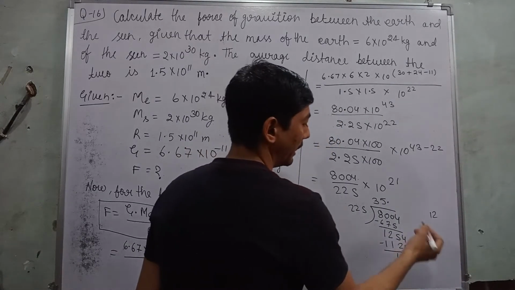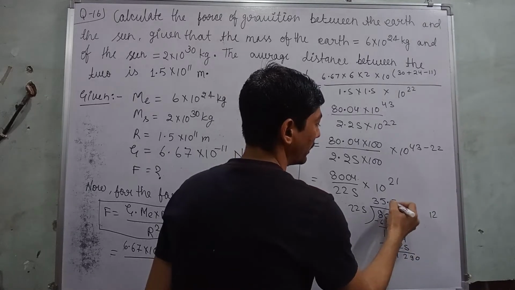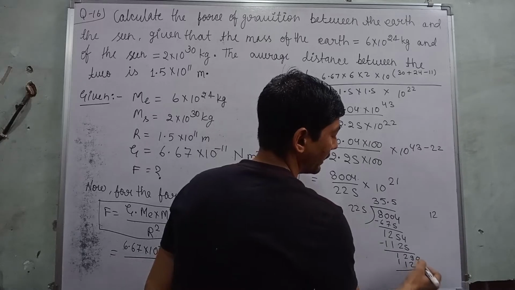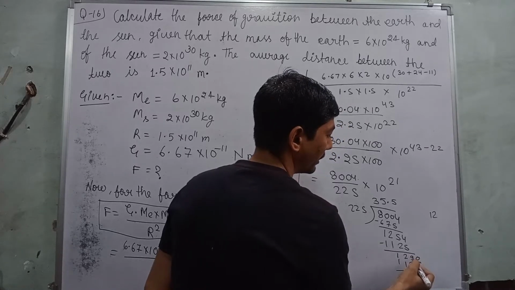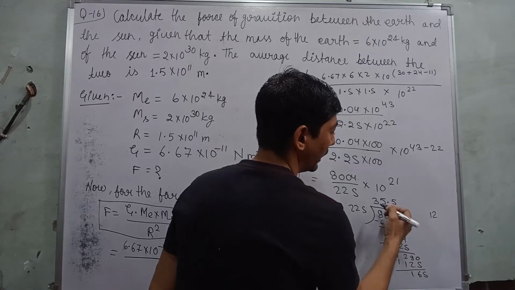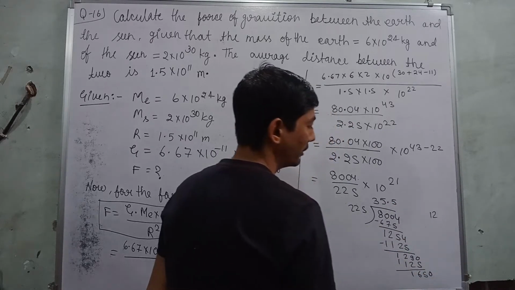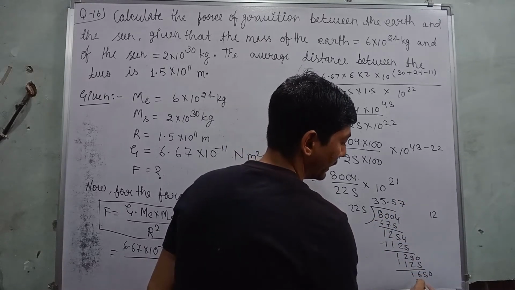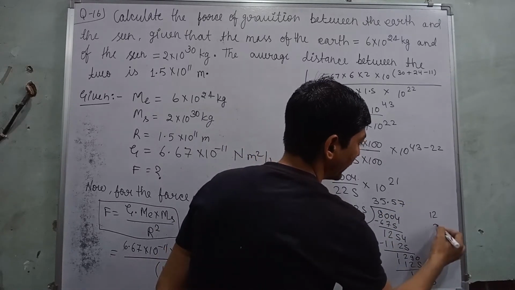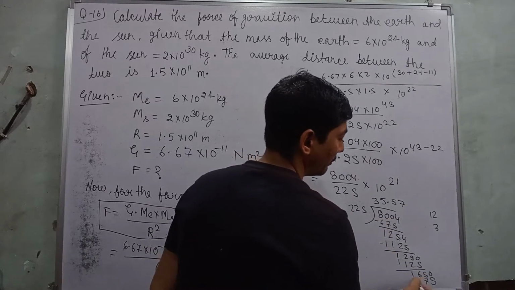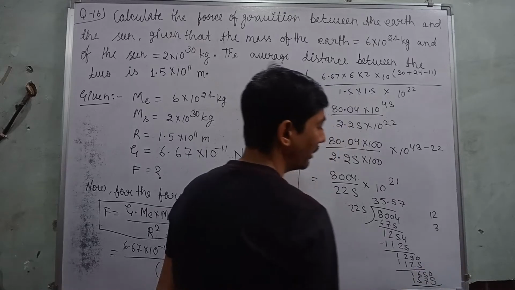So further I take it 5 times and it becomes 1125. 10 minus 5 becomes 5, 8 minus 2 becomes 6, 2 minus 1 becomes 1, and due to the decimal I add another 0, and after that I take it 7 times, and it becomes 7 5s are 35, 3 carry, 7 2s are 14, 3 is 17, 7 2s are 14, 1 is 15.